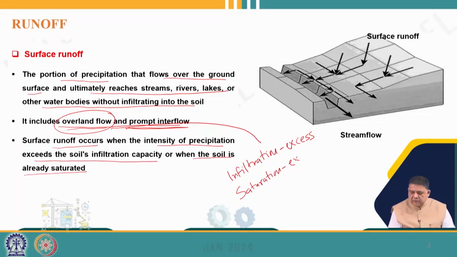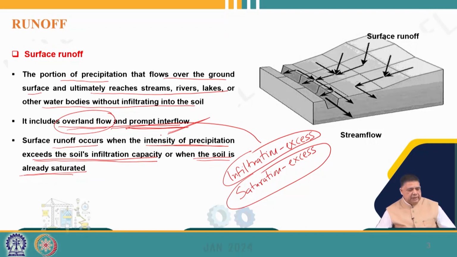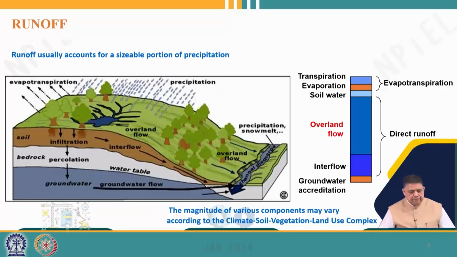If intensity of precipitation exceeds the soil infiltration capacity, then obviously we get infiltration excess overland flow, and when the soil is already saturated from the bottom, then whatever rainfall occurs on the saturated soil flows out as saturation excess overland flow. Both of these, including prompt interflow, are known as surface runoff.